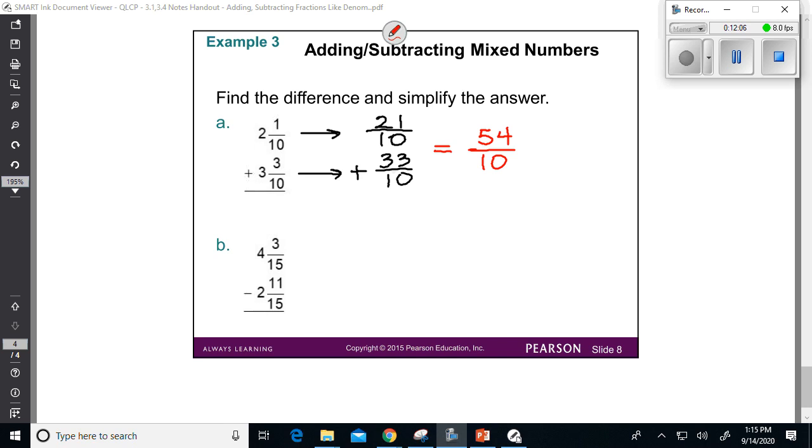Absolutely. What do you want to divide by? Divide by 2. So then 27 over 5. That will work. What's the other way I could give this answer?